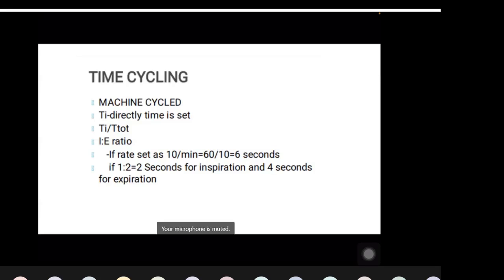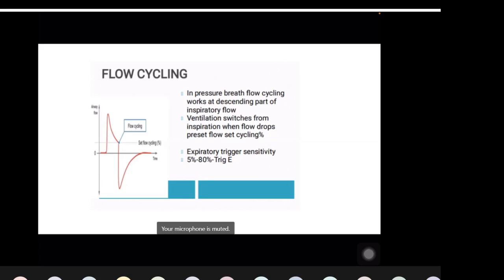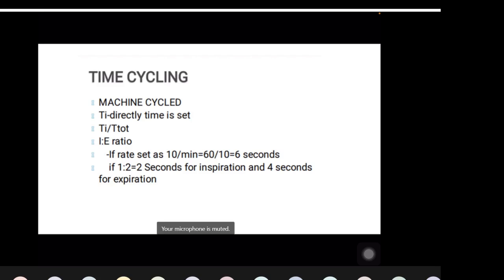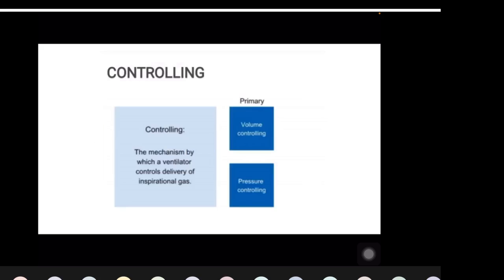Flow cycling typically occurs in a pressure control breath. I'm not going to detail that, because most of the ventilation we are using in the COVID ICU is volume control. Typically we set the Ti, the inspiratory time, and based on that the ventilator will cycle into expiration.